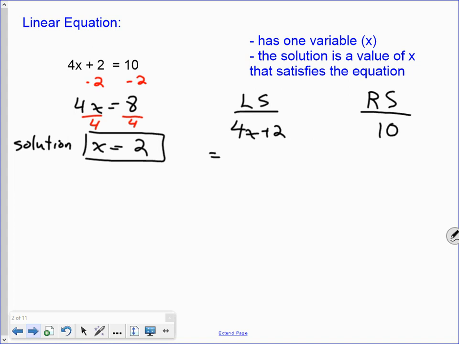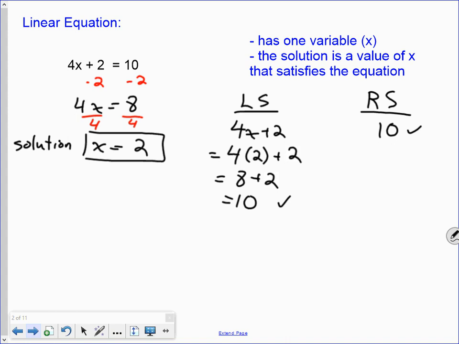There's only one value of x that when we sub it in for x, i.e. if we take x equals 2 and we sub it in here for x, we get 8 plus 2 equals 10. Our left side and our right side are the same. And x equals 2 is the only value of x that is going to do that when we sub it in. Any other value of x will give us a left side that is different from the right side, so it won't satisfy the equation.